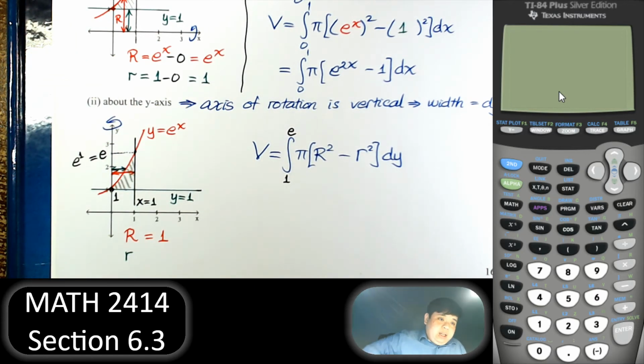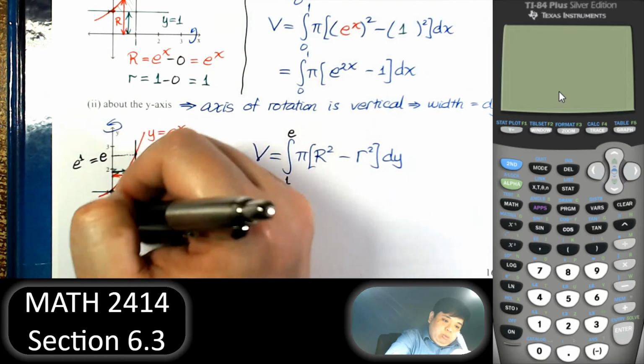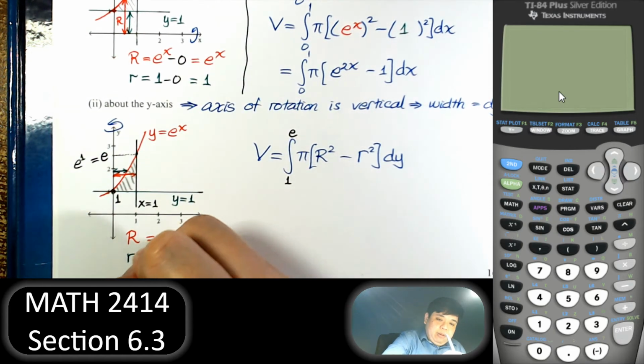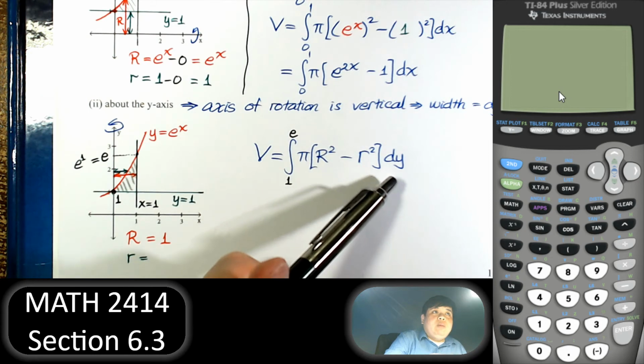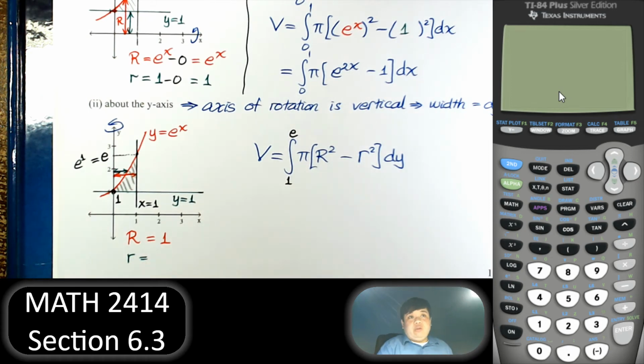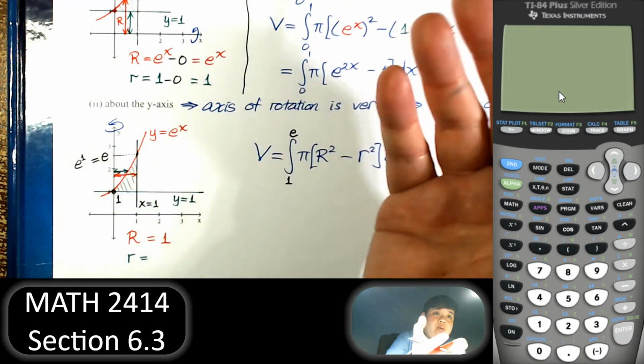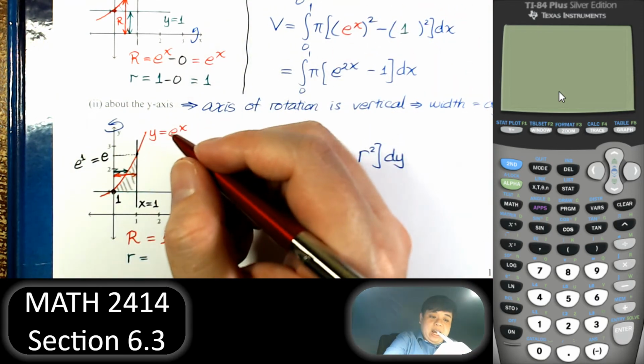Now that's going to be the curve. See, this is in terms of y. We have to write that as a function in terms of y. We cannot use e to the x. So to convert y equal to e to the x into x in terms of y, we'll take ln on both sides.